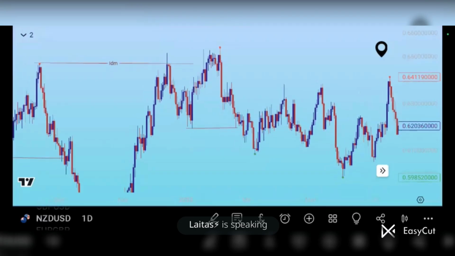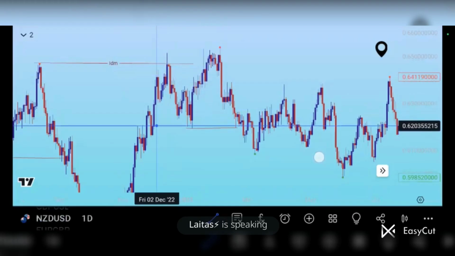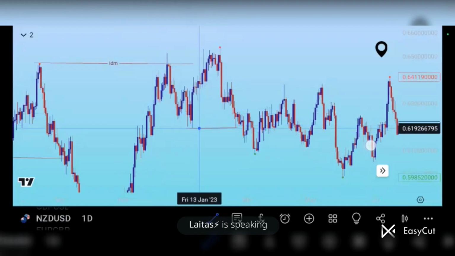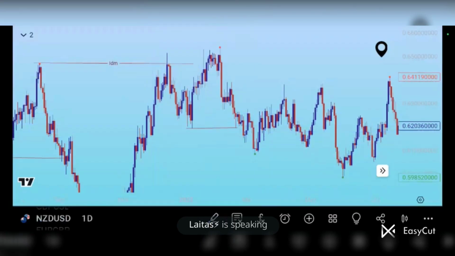Normally, if you don't know that this is an inducement, you would have been trying to take a buy from here, calling this inducement. You'd probably take a buy from somewhere around here.